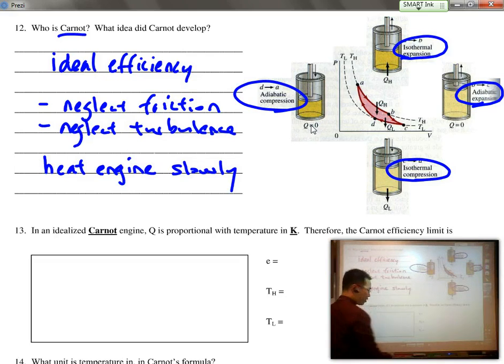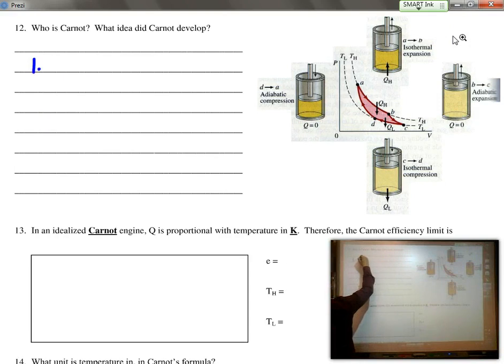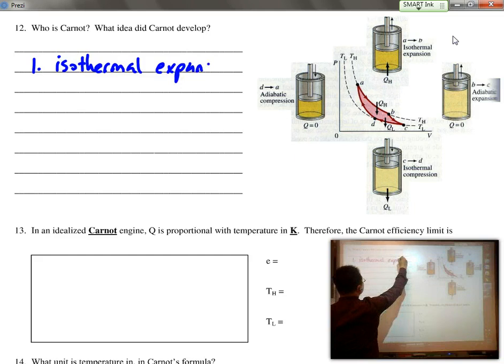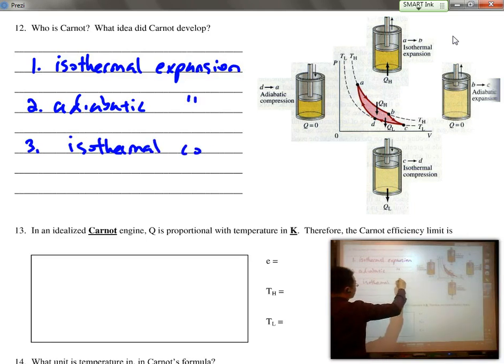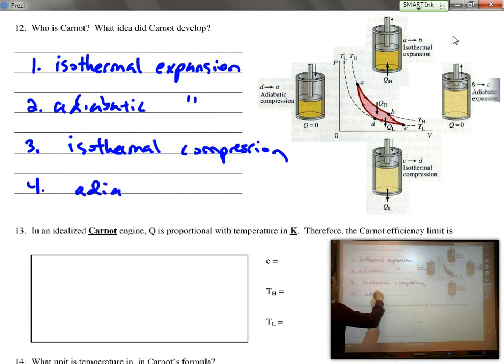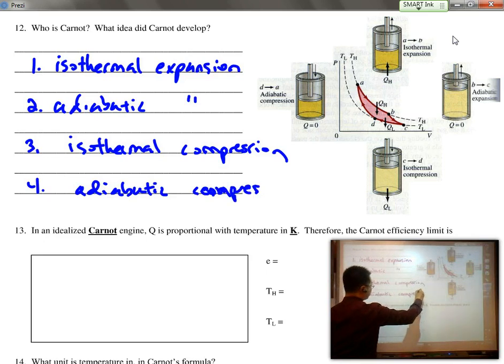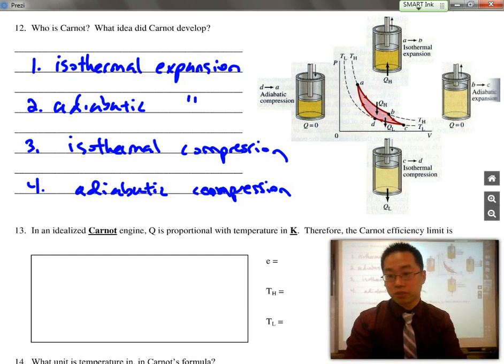So if I were to just rewrite that out: isothermal expansion, adiabatic expansion, then an isothermal compression, and an adiabatic compression. Okay, if you start with those 4 steps, let's look at our example over here.